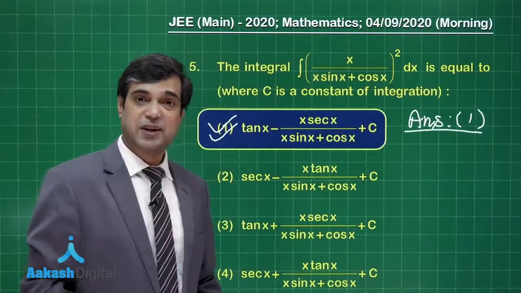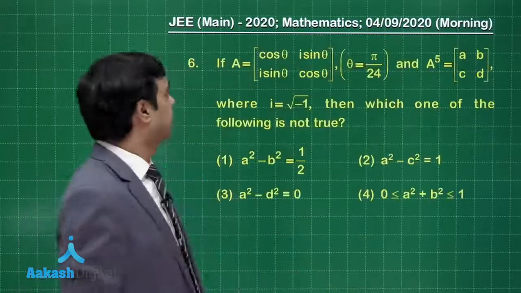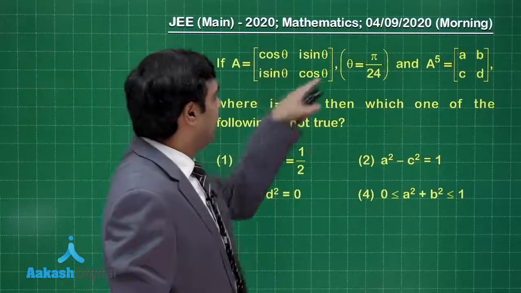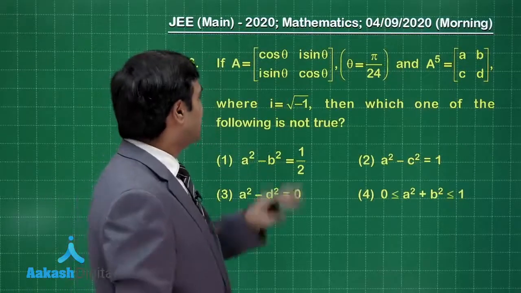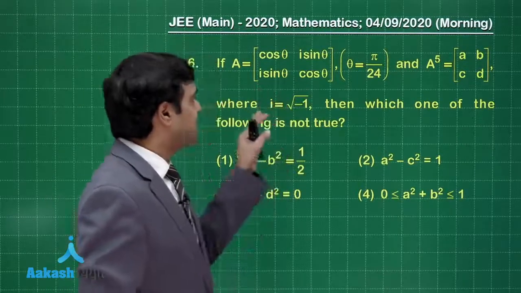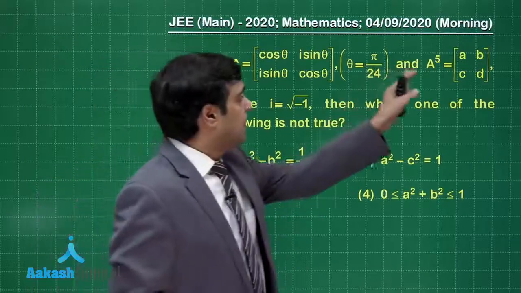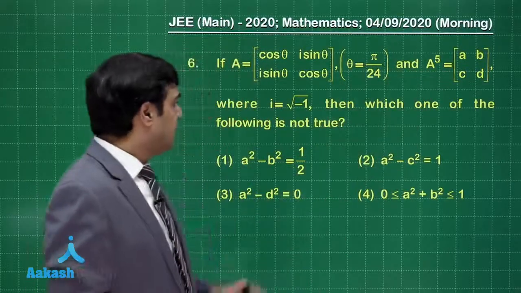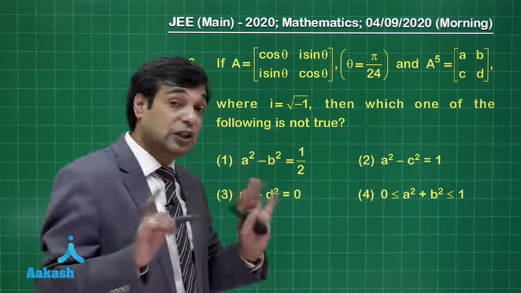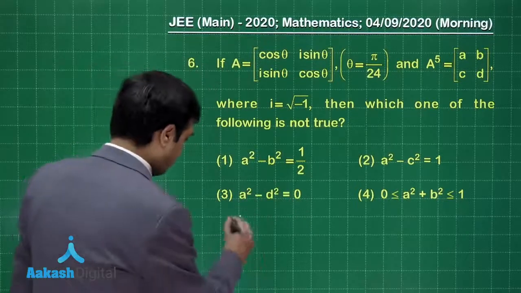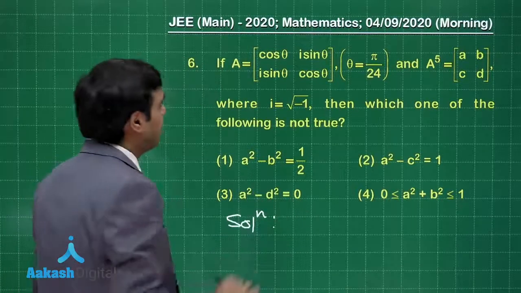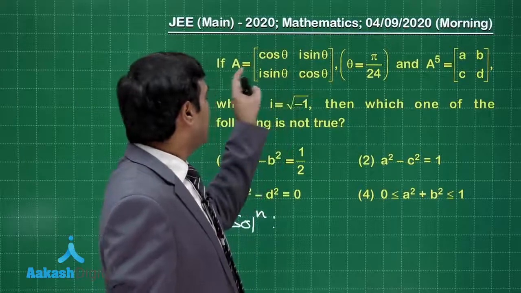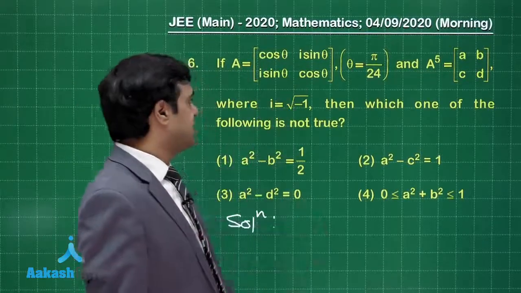Time to take up the next question, that is question number 6. A matrix is given, 2 by 2 order, which is cos theta, i sin theta, i sin theta, cos theta. A5 is given as ABCD, then which one of the following is not true? Let's try. This is a very standard one. A equals cos theta, i sin theta, i sin theta, cos theta.